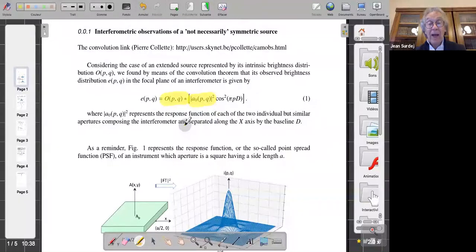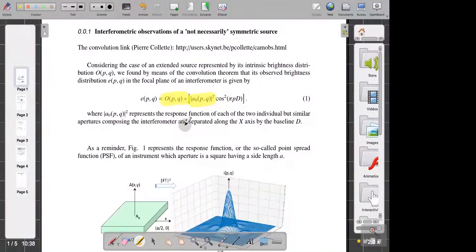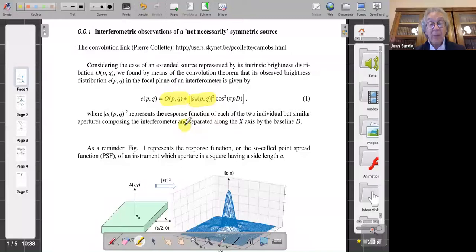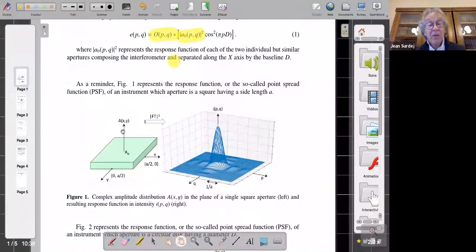I just remind you that the response function of a single aperture, for the case of a square aperture, has the following shape. This is the distribution you see here in the pupil plane, the complex distribution of the amplitude, which is constant.